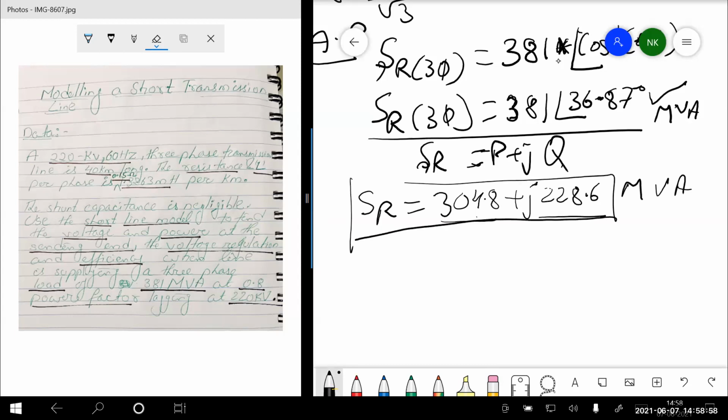Sir, how did we get this? Please show us once. Do you have a scientific calculator with you? See, in the scientific calculator, in the second last row, you could see a button called POL and REC.